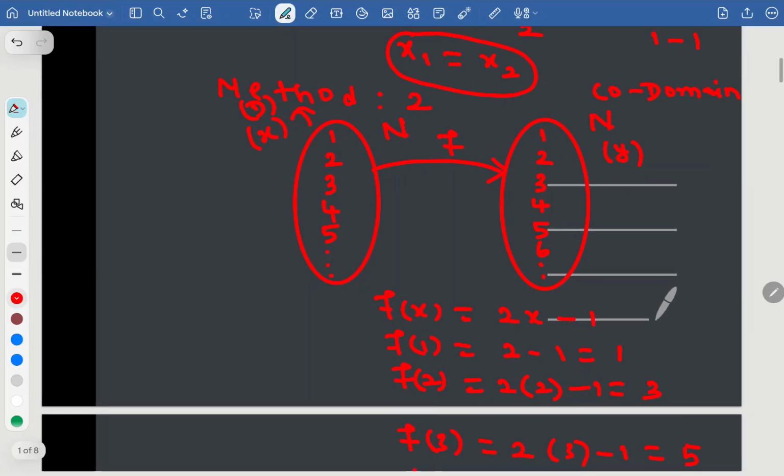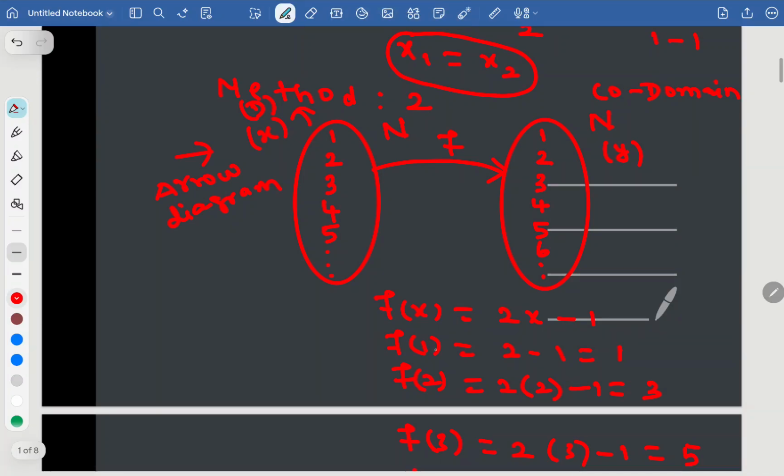Now I am going to mark it through an arrow diagram. Actually this is the representation by arrow diagram.